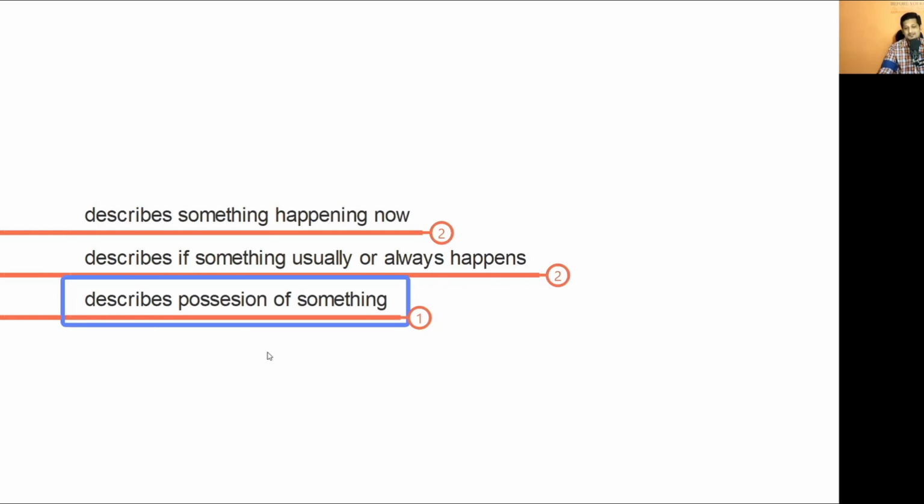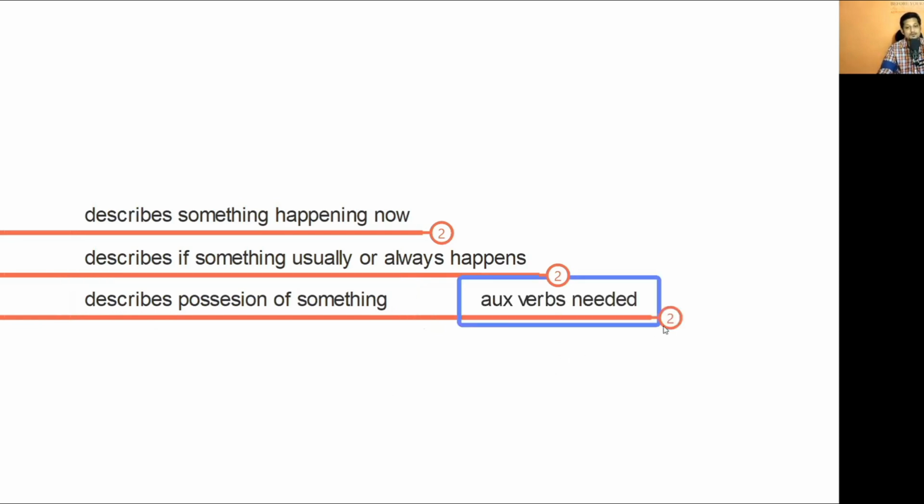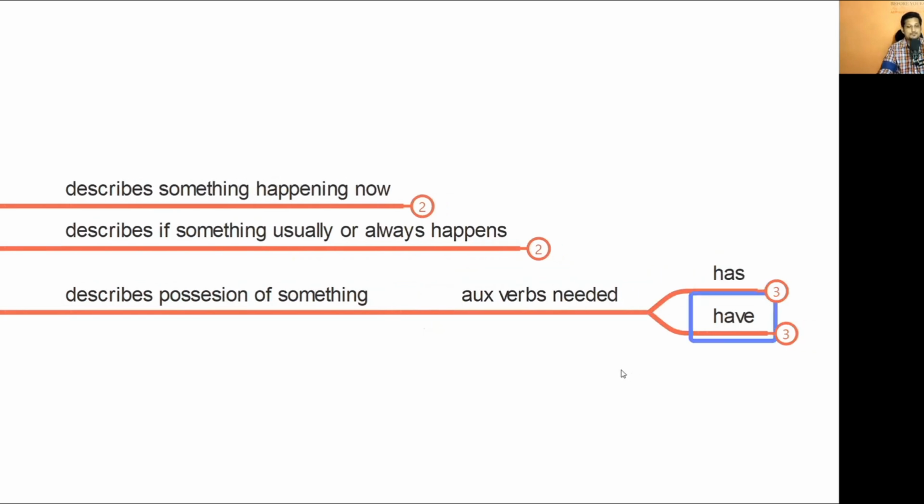I want to talk about the present tense, where there is a third scenario, a third situation where we are describing the possession of something. Now, this is where many people get confused. Has and have are both present tense. Has is definitely present tense.